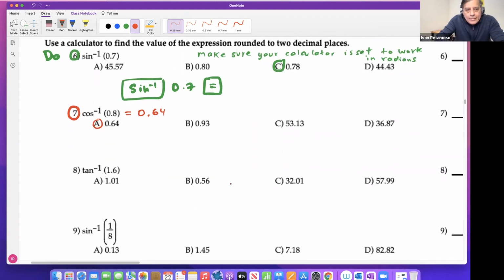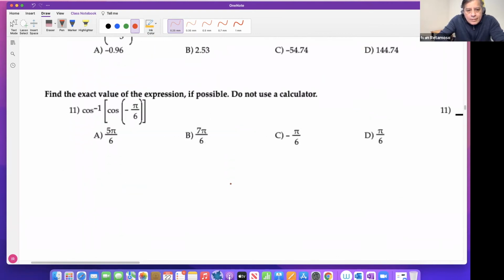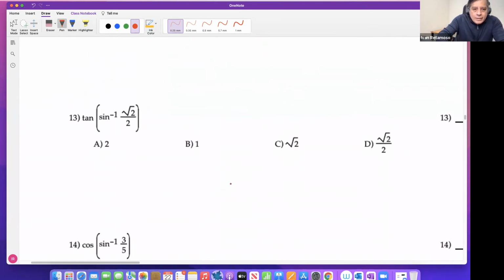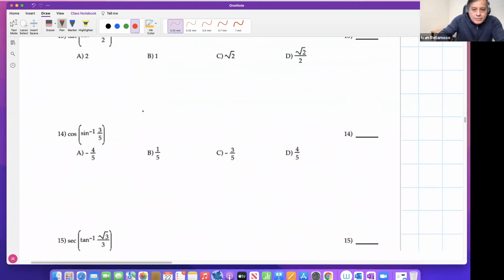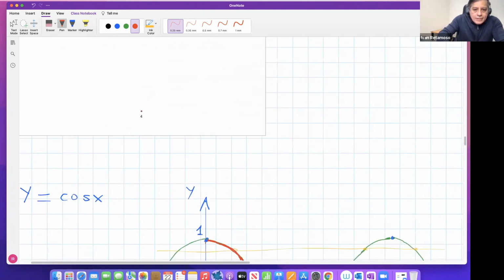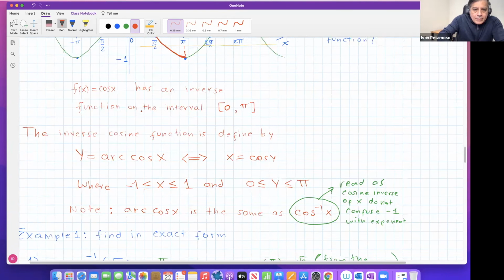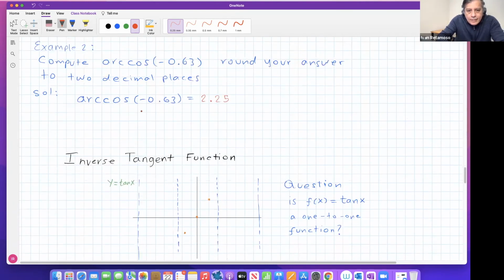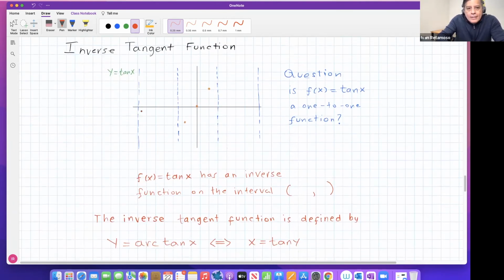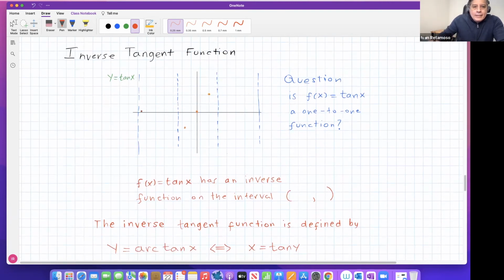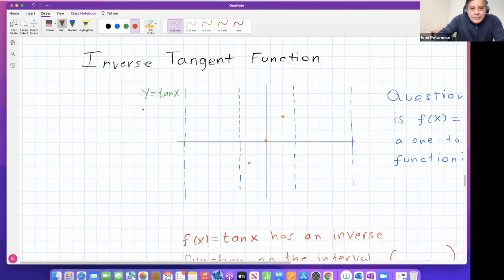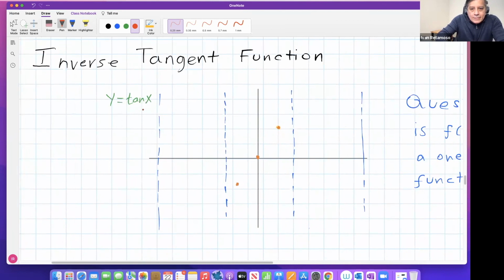So now I think we should go over tangent inverse, okay? Then we will do some compositions, some combinations of these inverse trigonometric functions. For tangent, let's first recall the graph of the function y equals tangent of x.